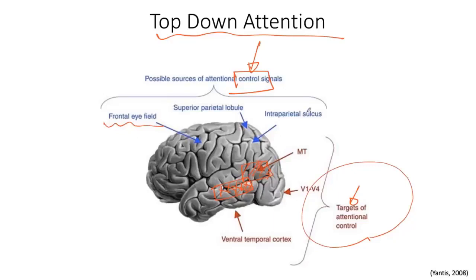Probably these parts control which of these targets of attentional control would be modulated. So that is one really simple model describing what we call top-down attention.